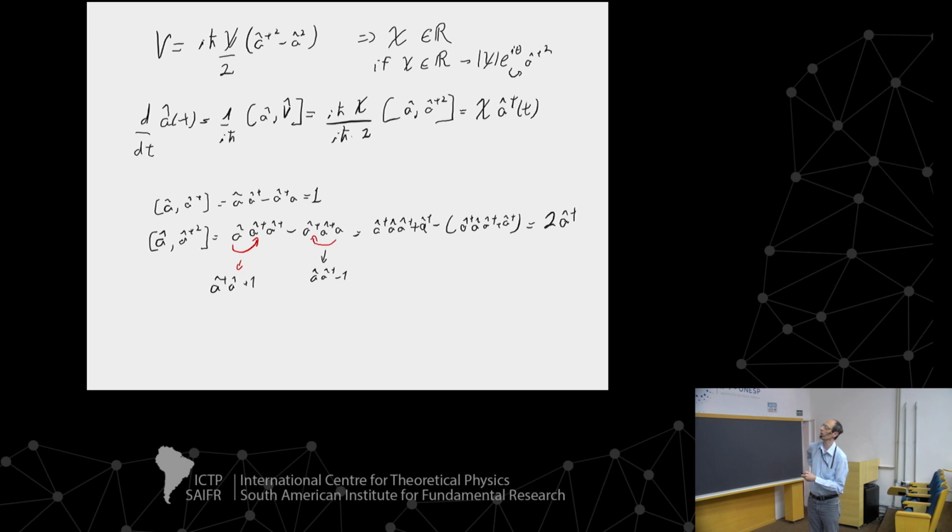Now, that's your interaction Hamiltonian. And when you make the evolution of the operator, you look at the commutator here, when you do the calculation, you see that the evolution of A is coupled to the value of A dagger. And vice versa.